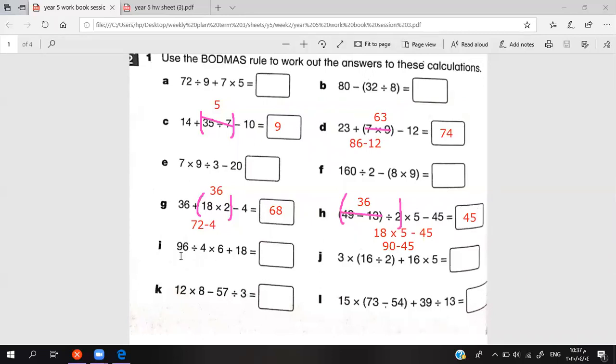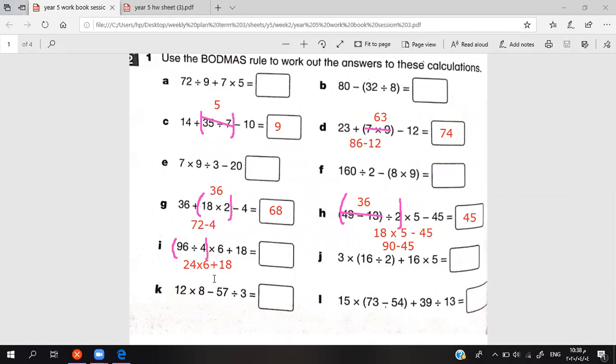Now here I have division, multiplication, and addition. Division and multiplication are in the same rank, so I do what comes first, the division. 96 divided by 4 is a 24. So the new question here is 24 times 6 plus 18.